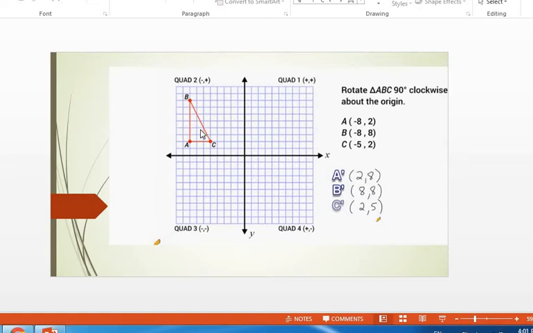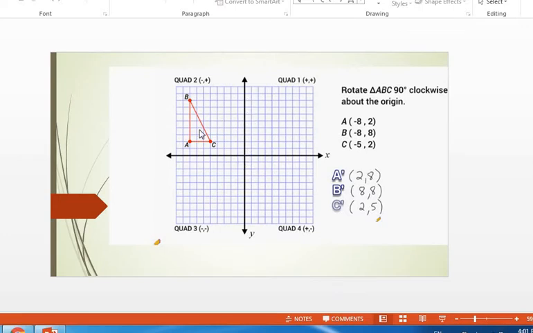After moving this triangle from quadrant 2 to quadrant 1, what should I know? I know that I have two positives. For the X-axis I have all the numbers positive, and also on the Y-axis I have all numbers positive.